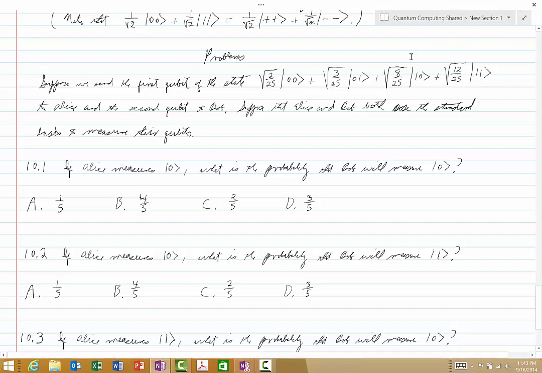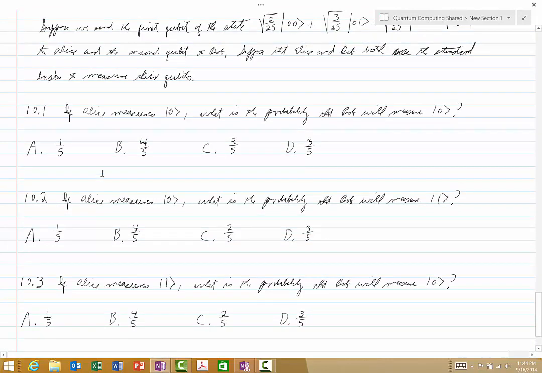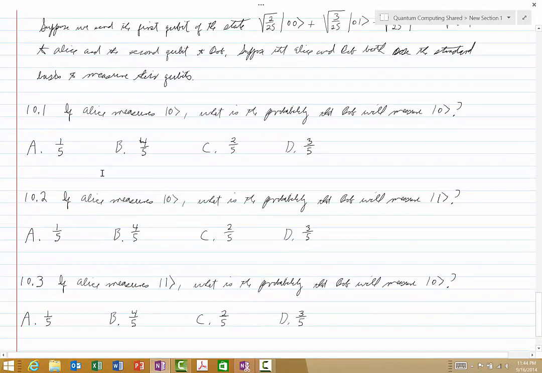This state will be sent to Alice and Bob, but we're going to send the first qubit to Alice and the second qubit to Bob. And we suppose that Alice and Bob both use the standard basis to measure their qubits.